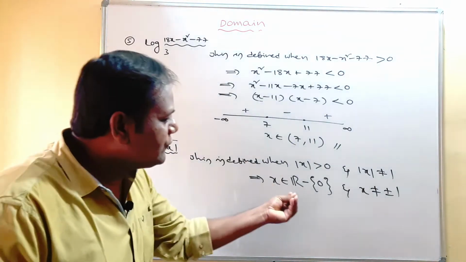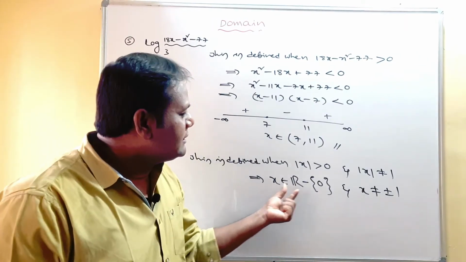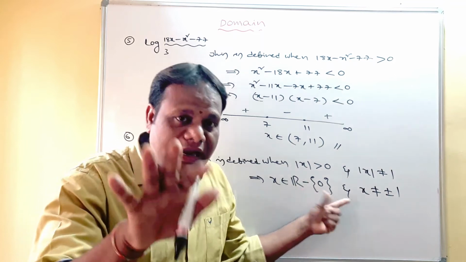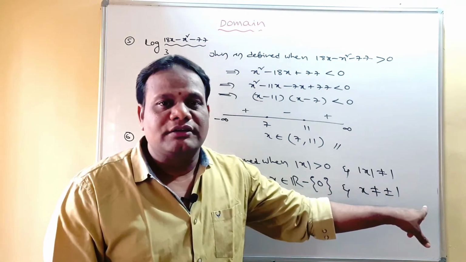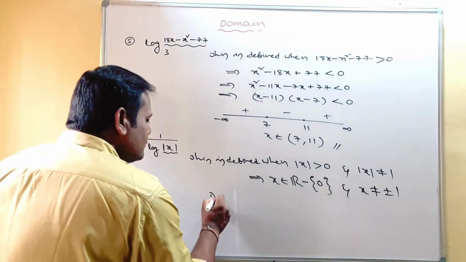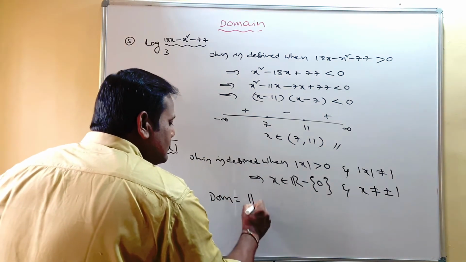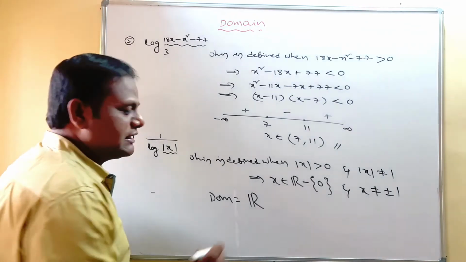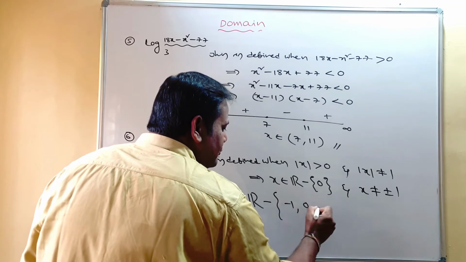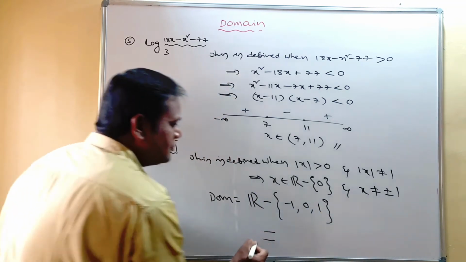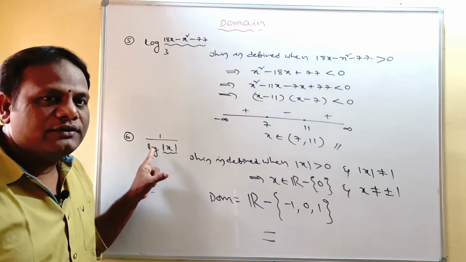So x is any non-zero real number and x is not equal to minus 1, 1. So the domain of the function is the entire real number set except minus 1, 0 and 1.